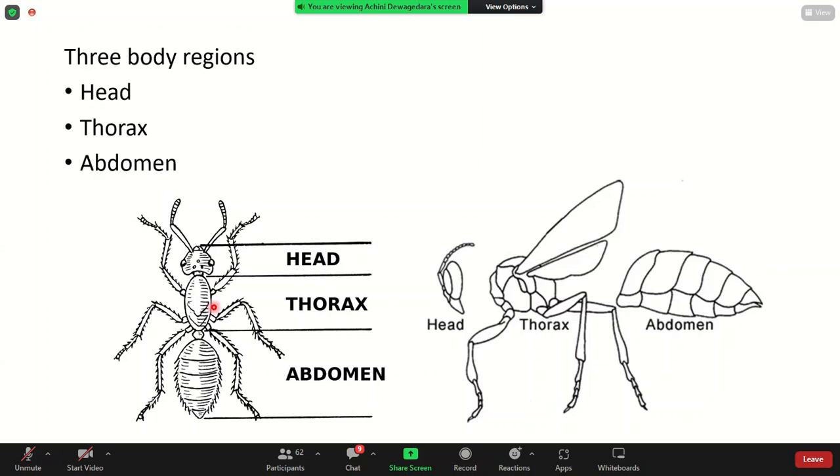The moving part. Yes, mainly the thorax is responsible for locomotion. Movement, yes, it's the structure which connects head and abdomen. Mainly, it has locomotive structures. Movement එකට අදාළ structures තමයි thorax එකේ තියෙන්නේ. Legs and wings.